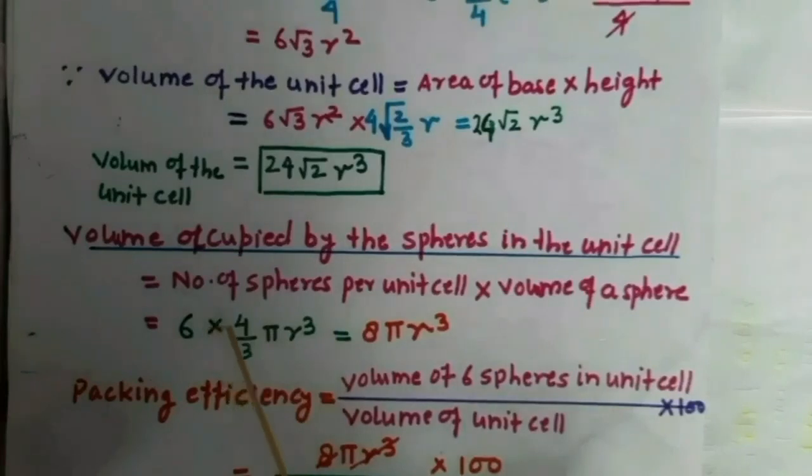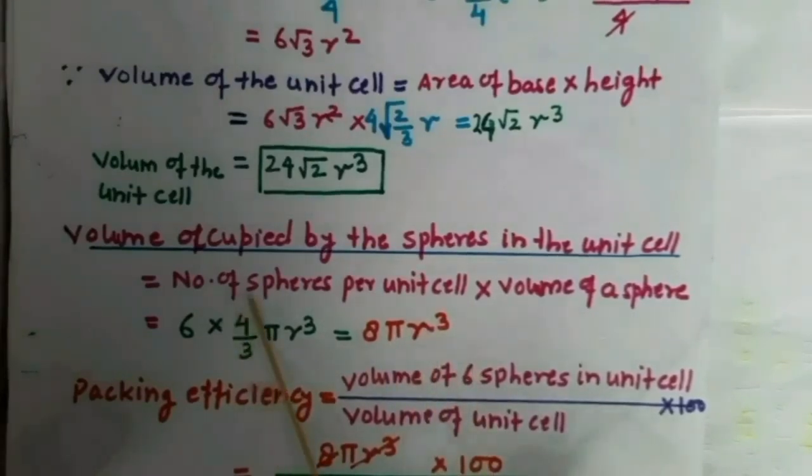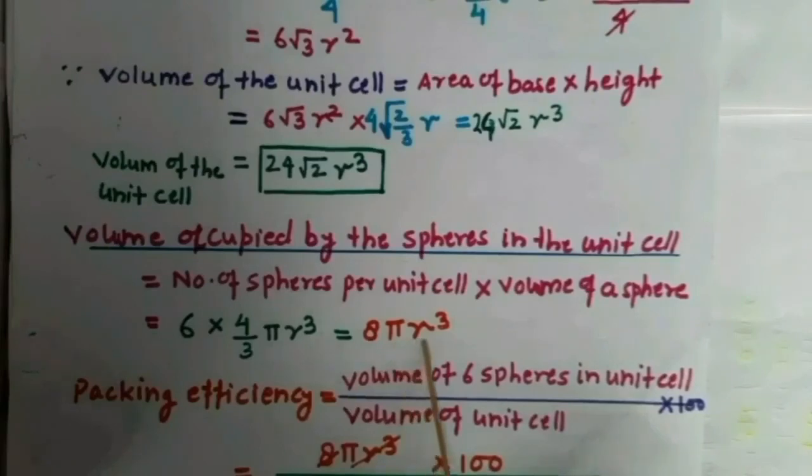So the total volume occupied by the 6 spheres per unit cell will be equal to 6 multiplied by 4 is equal to 24, and divided by 3 will give 8. On simplifying this, we get 8 pi r cube. The volume occupied by the spheres in the unit cell is equal to 8 pi r cube.